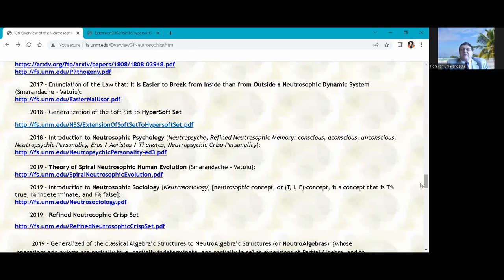So these three houses have all of the previous attributes. Now, very interesting was to use the Neutrosophic dynamic system to prove in a book that it's easier to break a system. A Neutrosophic dynamic system is a system that has indeterminacy, and most systems in our everyday life have indeterminacy, except idealistic systems from science.